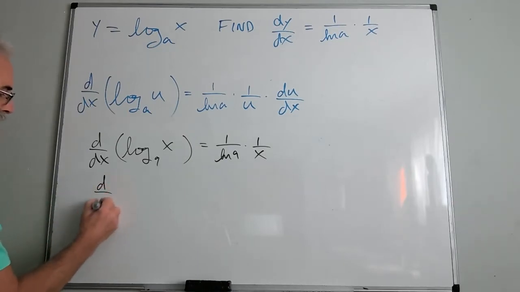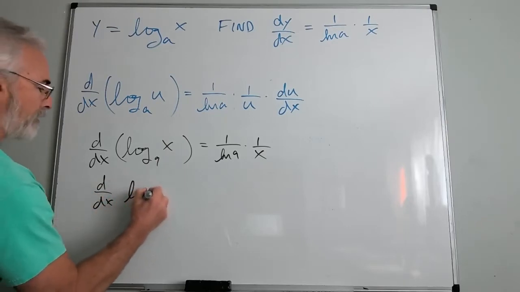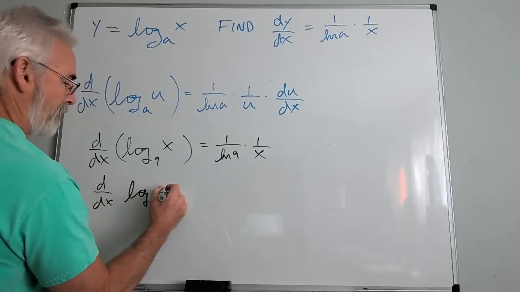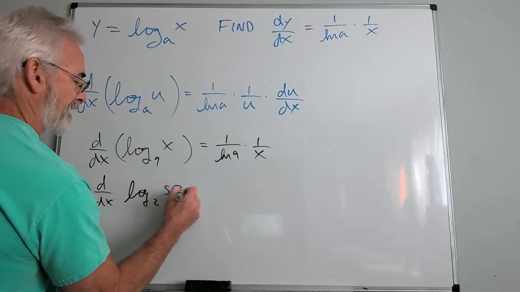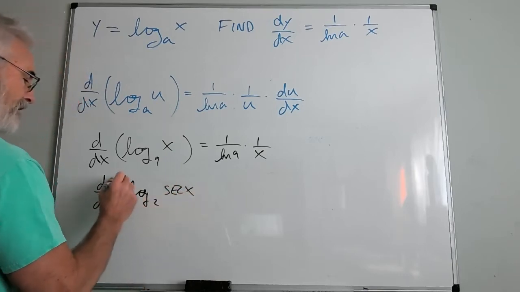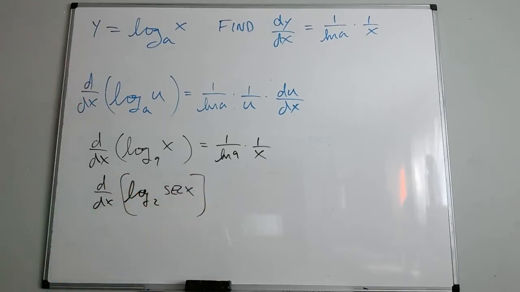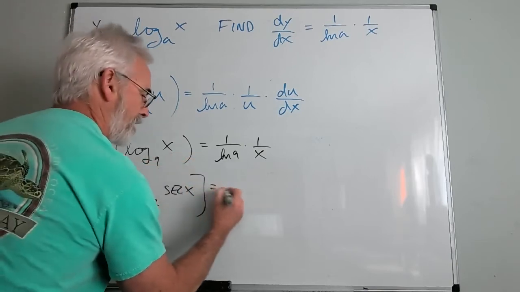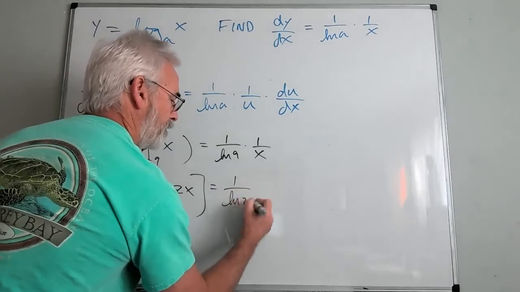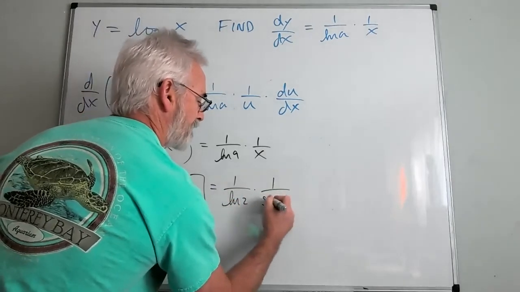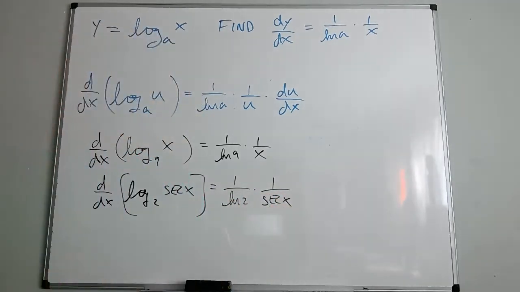I want to differentiate the log base 2 of the secant of x. Well, we'll start the same way. 1 over log 2 times 1 over secant x. That's a good start.